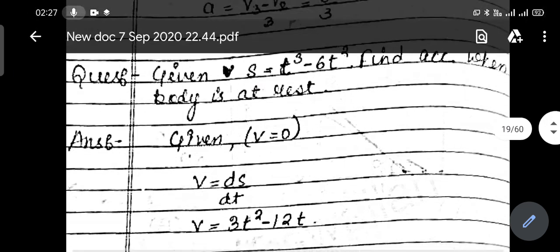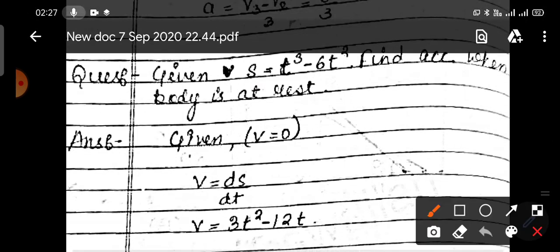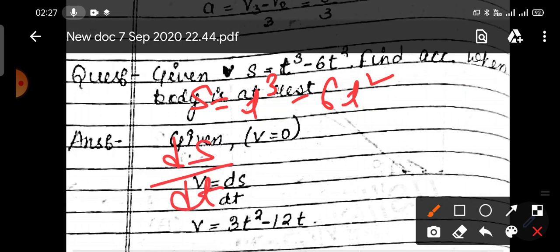Okay, so first let us find out the time. So s is given, how much? s is t cube minus 6t square. Now velocity is ds by dt. We will differentiate with respect to t. So differentiation of t cube is how much? n t to the power n minus 1.